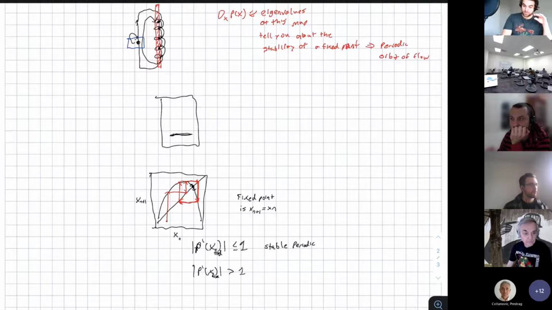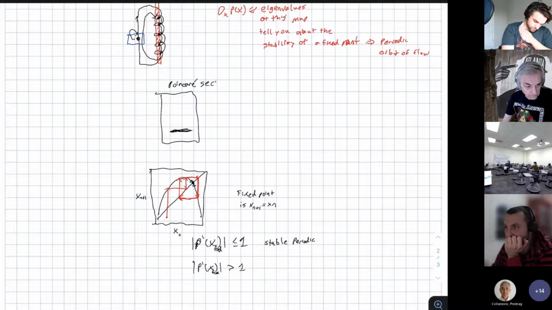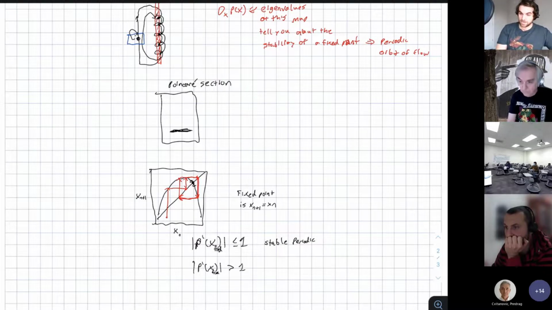for right now, this trick of turning this into a one-dimensional map is really just relying on the intuition that if this is our Poincare section right here, and these are all the points that are getting hit by our flow along this plane of some kind, right?